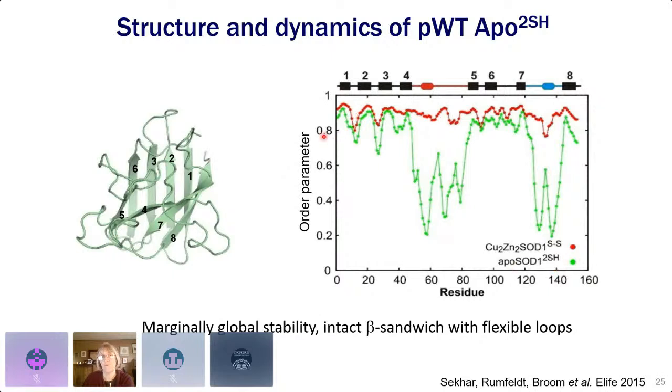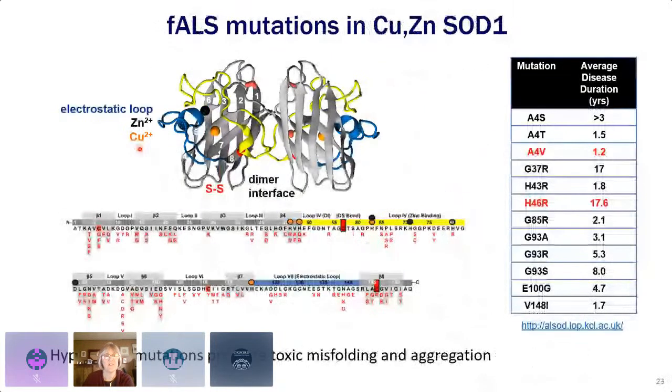In the reduced apoprotein, we have considerably lower order in the loops, and particularly in this long loop, loop 4, which normally forms the dimer interface and also has part of the disulfide bond, and this loop 7, which we call the electrostatic loop. Just to orient you, here's this long dimer interface loop, and here's the electrostatic loop. They're going to come up again.